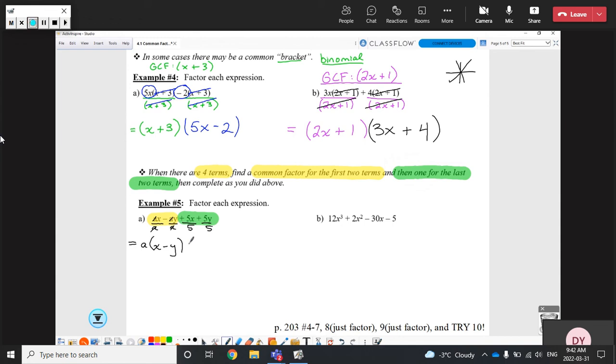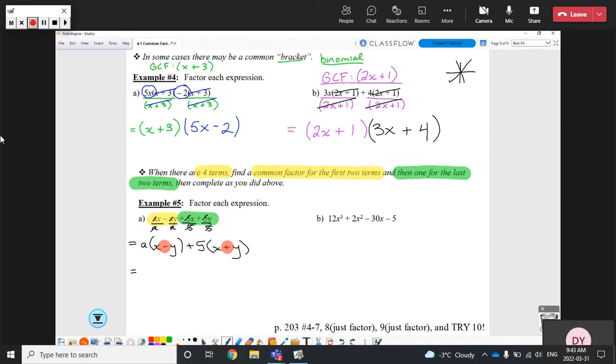So I'm going to write plus 5, and we're left with X plus Y. Now this almost looks like we could common factor out an X plus Y, but we actually can't here because the signs are different.